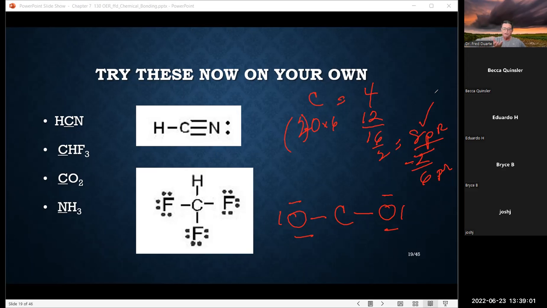Now, if you ever get yourself in that position where you got extra valence electrons and you see that everybody has the octet fulfilled, the hydrogen's happy, then obviously something went amok and it's probably somewhere in the math. Go back and check and verify that in fact you got the correct number of valence electrons. And the opposite is true.